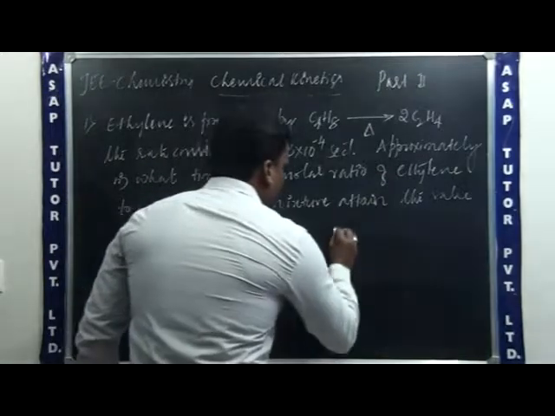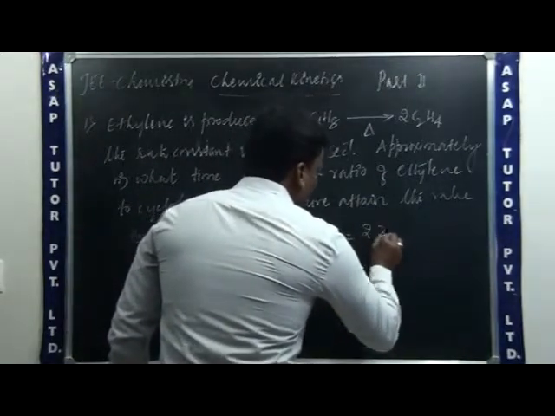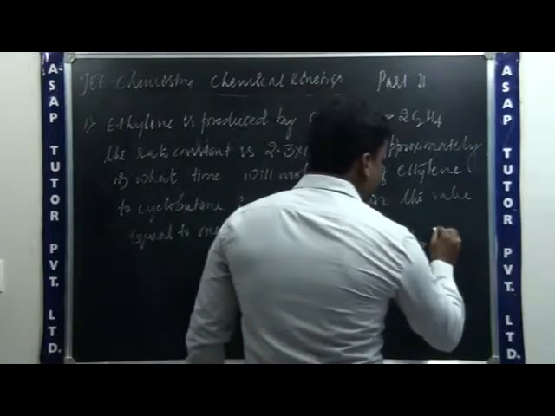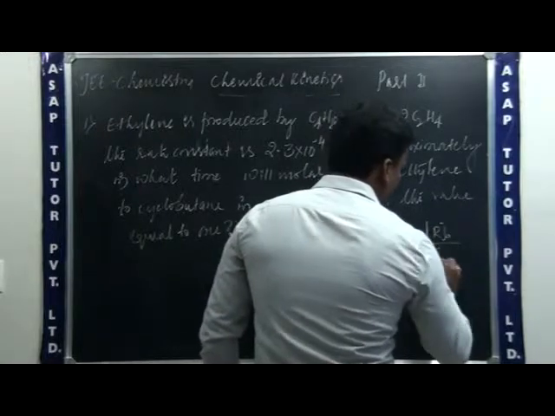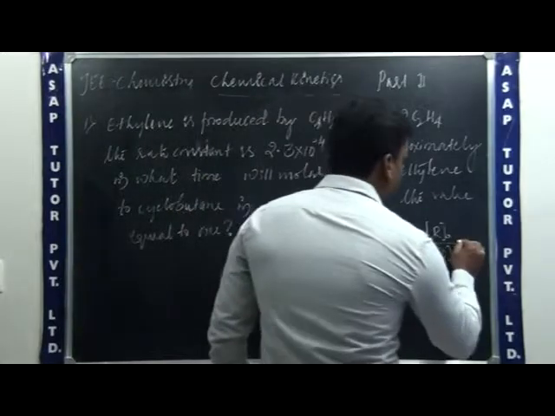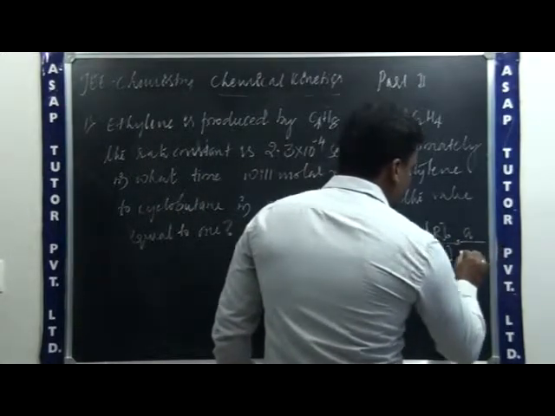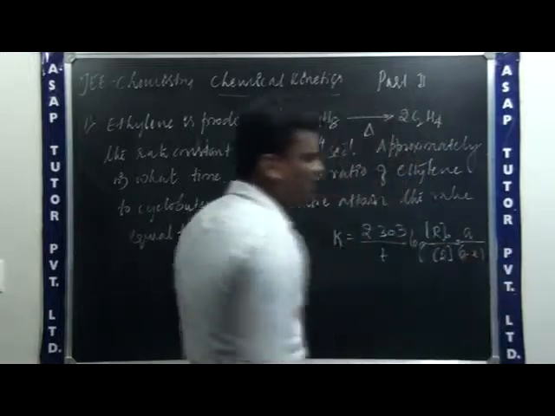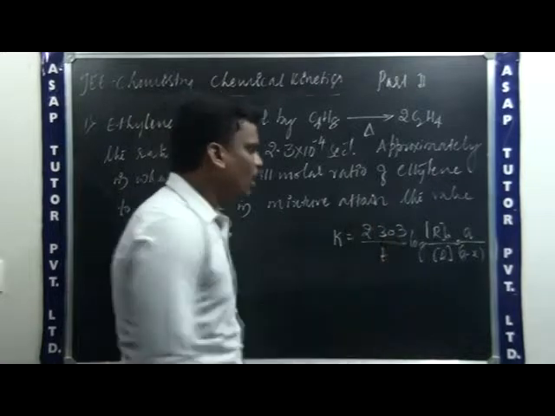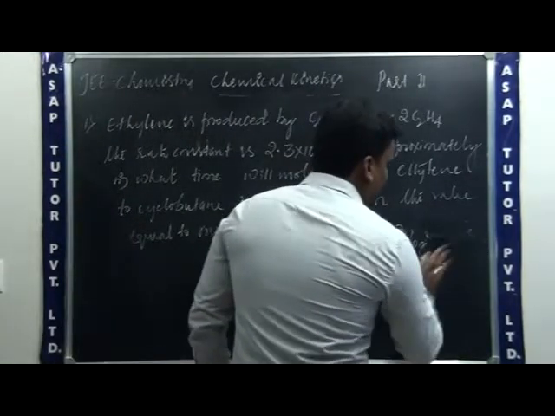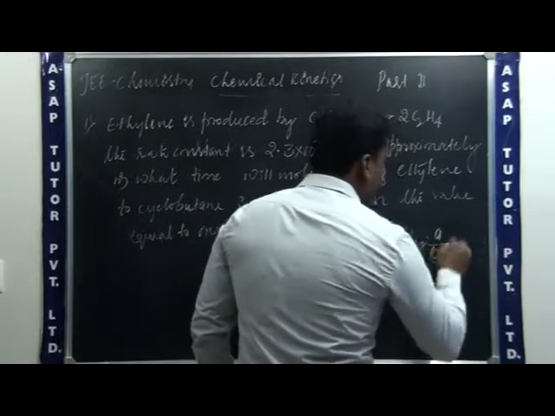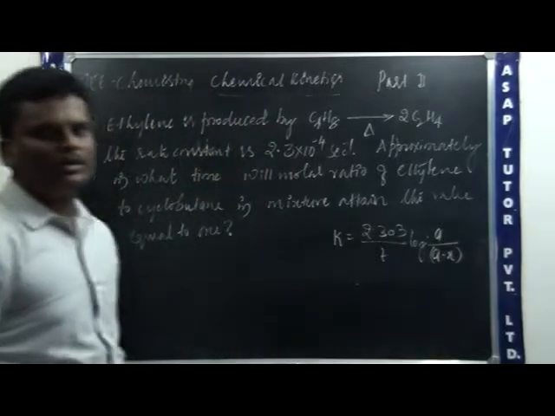Therefore, I'll write the formula here. K is equal to 2.303 divided by t, log of initial concentration divided by final concentration. See, if I take the initial concentration as A, the final concentration we can write as A minus X. So we can write 2.303 by t log of A divided by A minus X. Therefore, A divided by A minus X, initial concentration over final concentration.